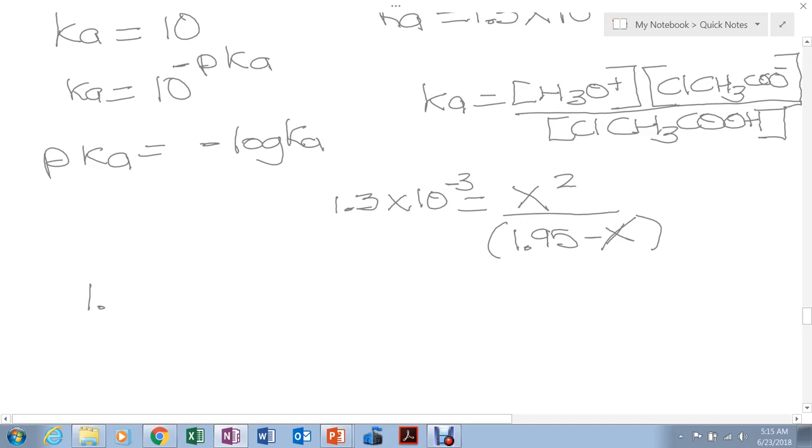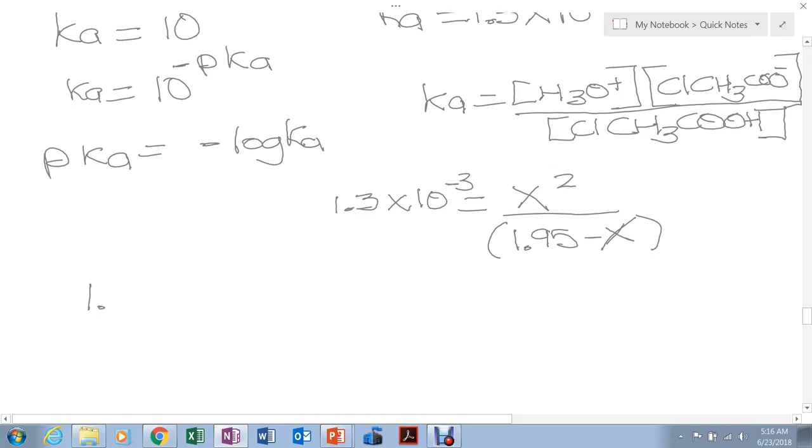When you see a bigger concentration like this, almost 2.0 molar, even if the Ka is not to the minus 5, you still can try. If the concentration is small and the Ka is large, like 1.3 times 10 to the negative 3 compared to 1.8 times 10 to the negative 5, then you cannot do it, but 1.95 is high.